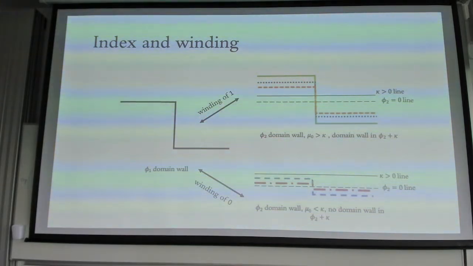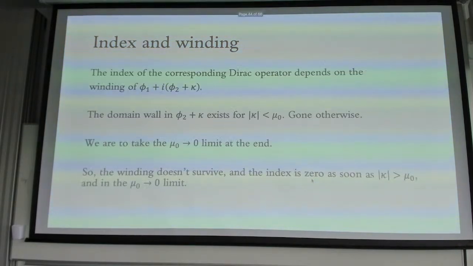But as I take the height of the domain wall smaller than this kappa scale, I have lost the domain wall and my winding is 0. So kappa is the mass on the domain wall, basically. Yes, acts as a mass.